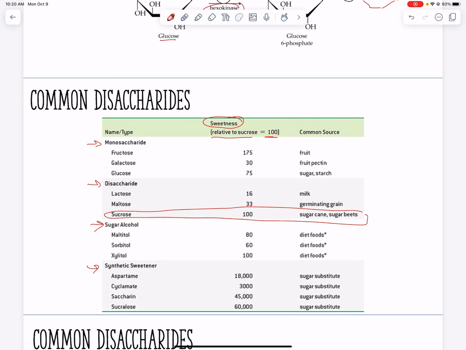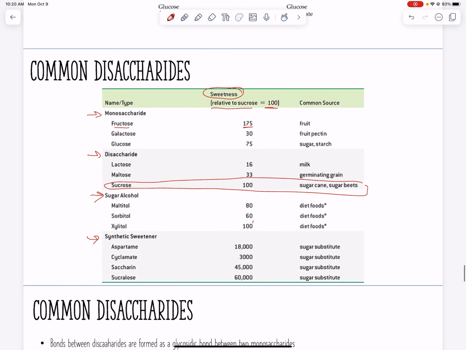What's interesting is fructose, the monosaccharide you find in fruit, is way sweeter than sucrose by itself. Your sugar alcohols are about as sweet as sucrose. And then what's astounding is these synthetic sweeteners. Aspartame, that you might find in diet sodas. Sucralose. I don't know if you've ever bought the little drops you can add to a bottle of water to flavor it. That will often have sucralose in it.